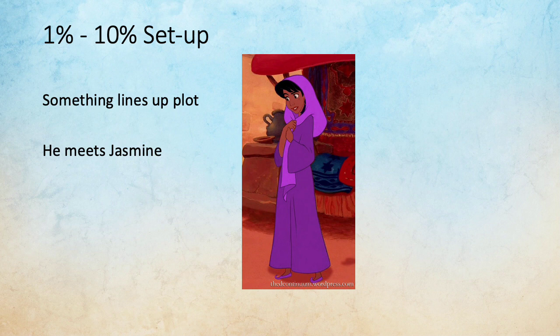Now, next you have your setup. And in Aladdin, he meets Jasmine, and this further confirms the lie to him. He can't have her unless he grasps at a position that is not his. So what you're doing here in the setup is you are lining up your protagonist's pursuit of their lie.